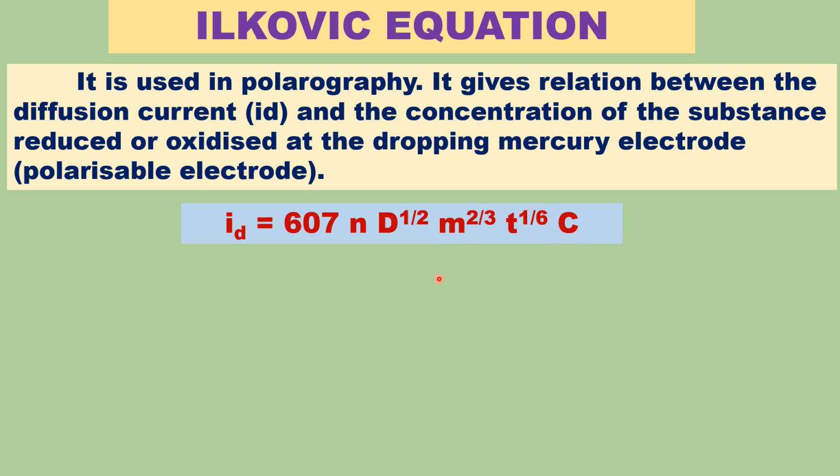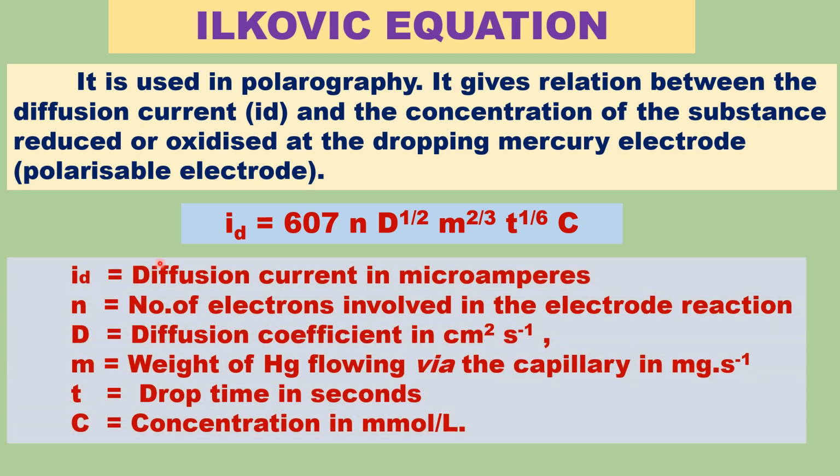C is concentration. Where ID is the diffusion current, measured in microamperes because of low concentration. Concentration of the species is only in millimoles, not in moles. So it is measured in microamperes. n is the number of electrons involved, for example, copper 2 plus, 2 electrons are involved in the electrode reaction.